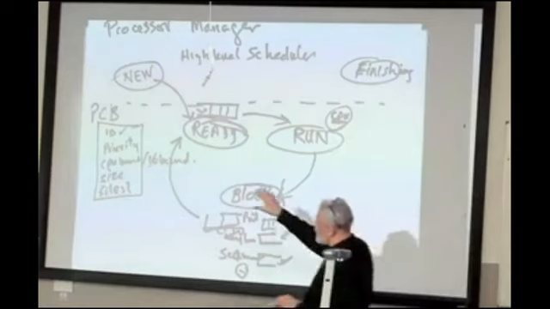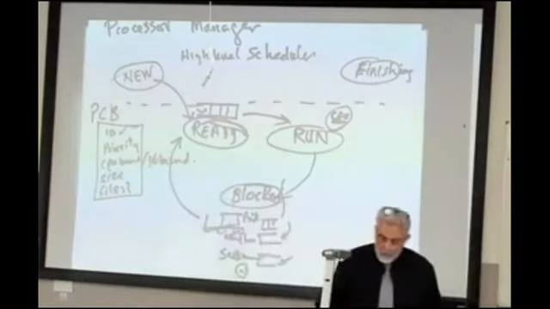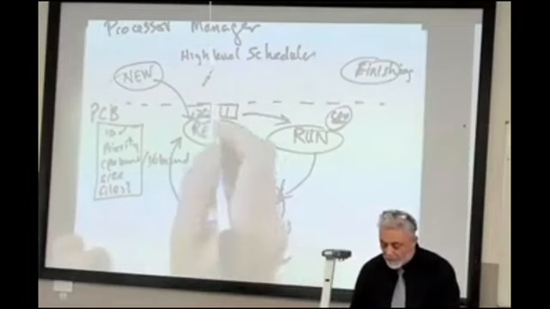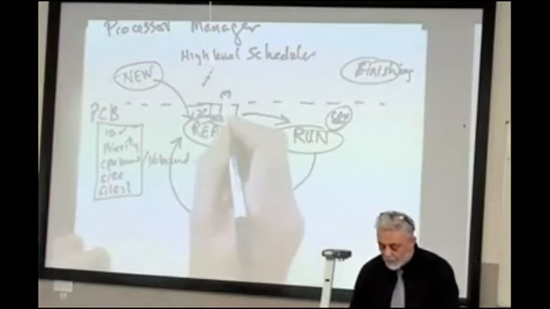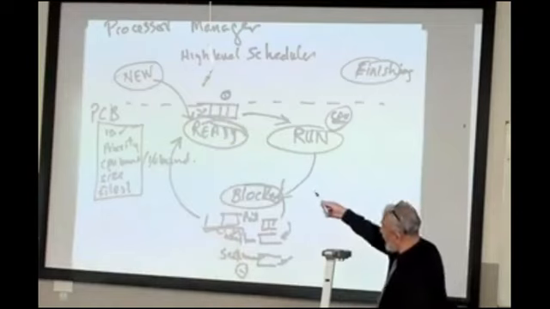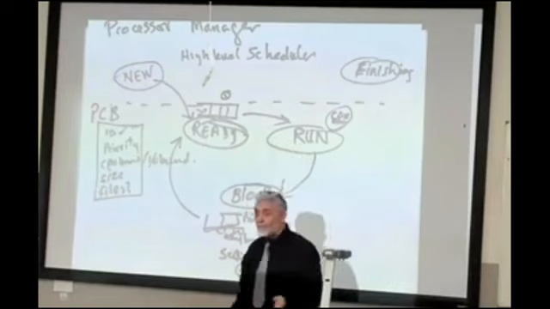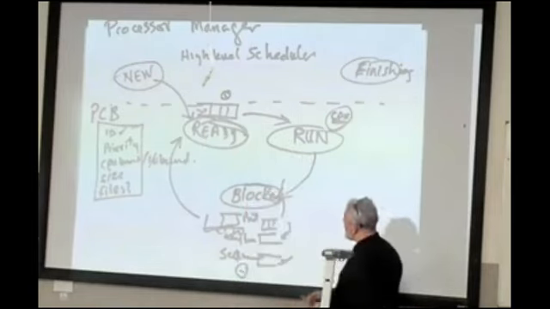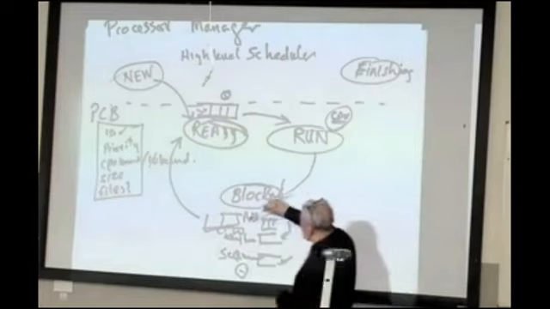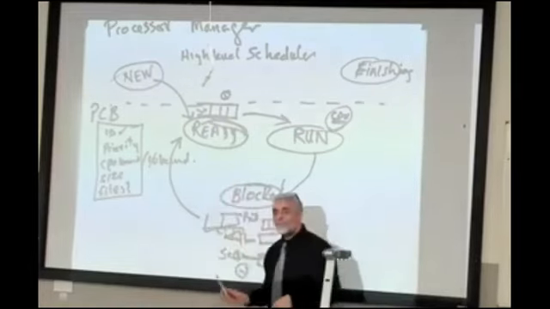We're moving this data structure that's called the PCB. So we move the PCB back into the ready queue. So this is a queue sitting here for ready. What's the guy in the queue here waiting for? Waiting for the CPU to be available. And those movements from here to there keep happening all the time.